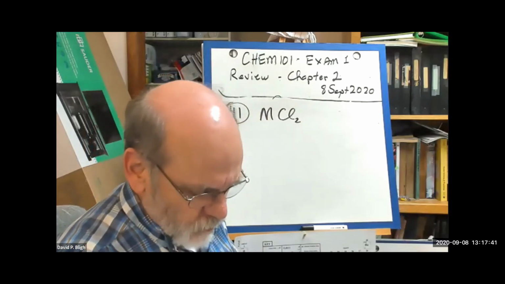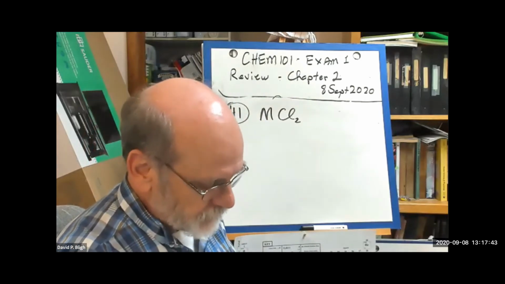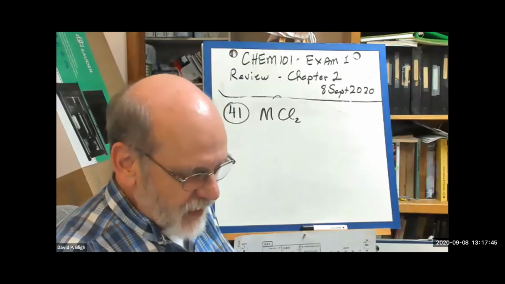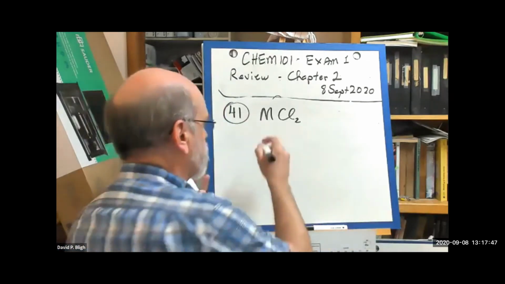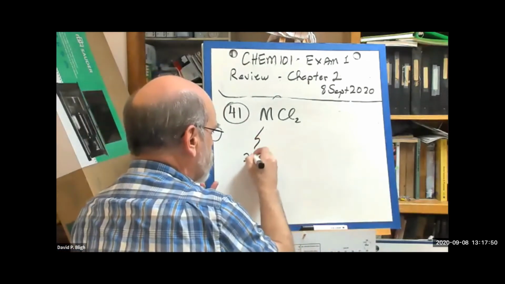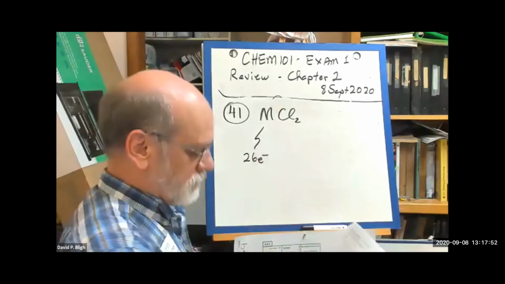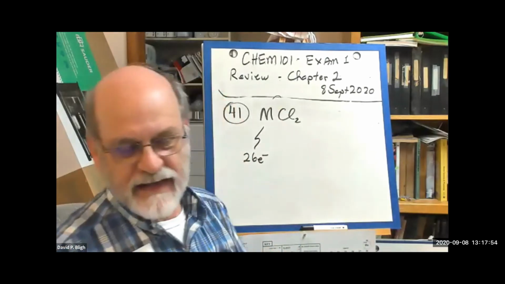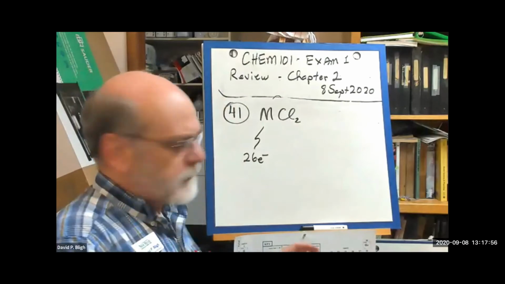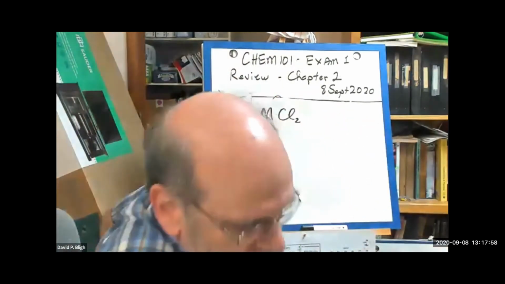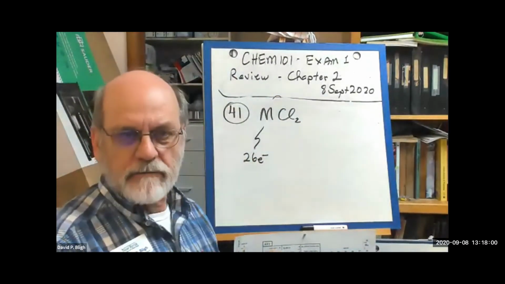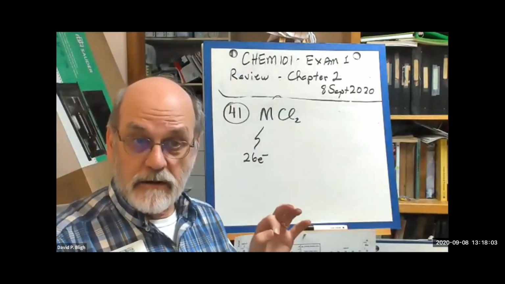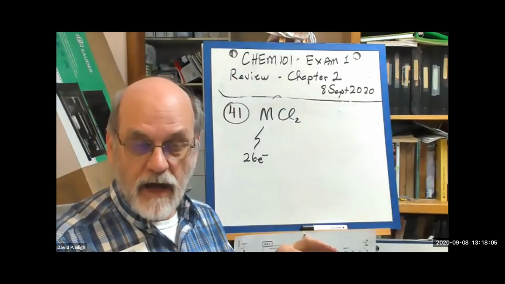Okay, what else are we told? Well, besides M as a metal, the metal ion has 26 electrons. So this has 26 electrons. What's the identity of the metal? Okay. What's the charge on a halogen in an ionic compound?